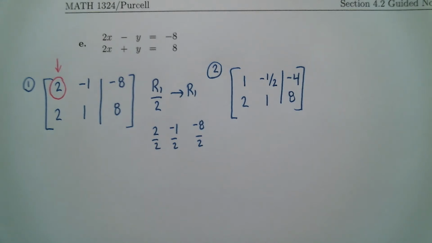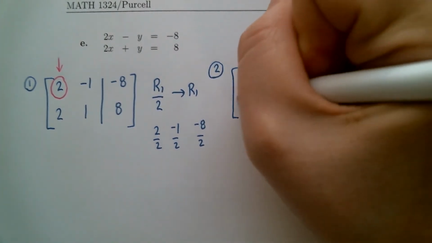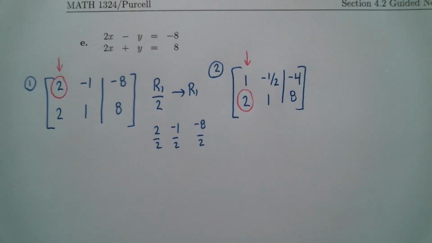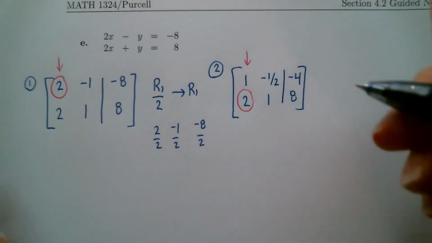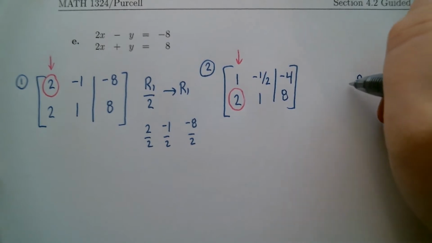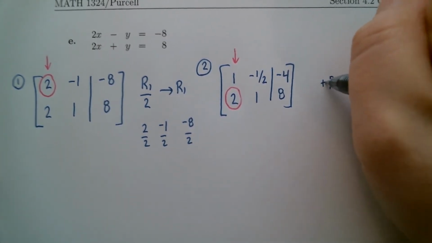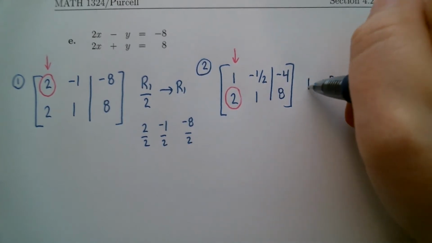Moving on, we're still in the first column, but now I've got to change the 2 to a 0. Getting your zeros is best done through the third row operation. So we are making a change to row 2. We need to add to row 2 a multiple of the first row.